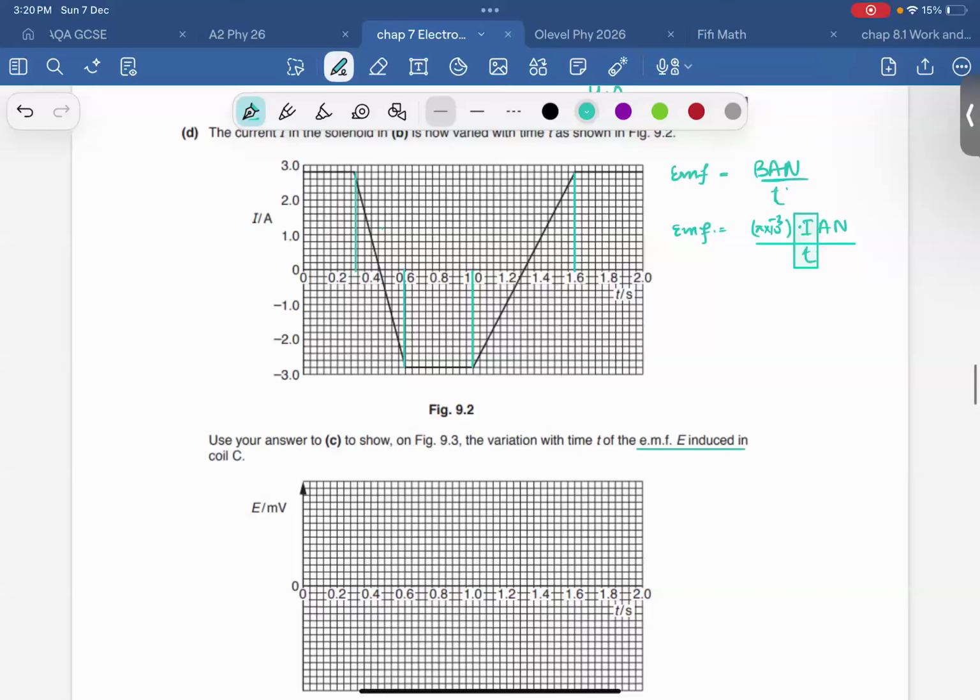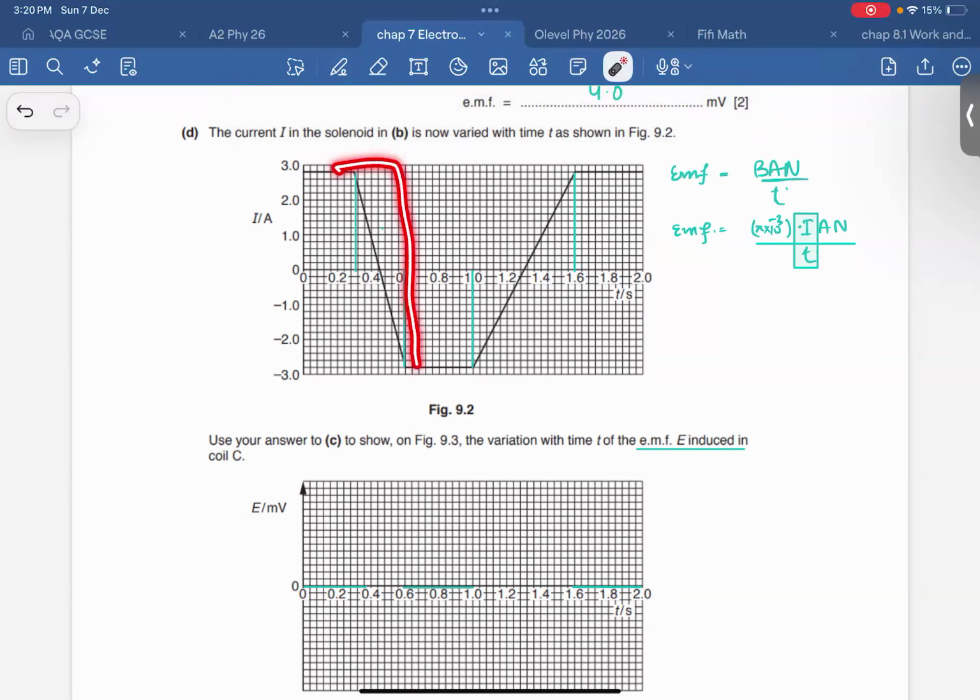Starting from zero to somewhere here, the first portion is zero, and then 0.6 to 1 is another portion that should be zero, and then from 1.6 onward till the end, this should be zero. Now, these are the two points where you have to work out the gradient and draw the EMF.